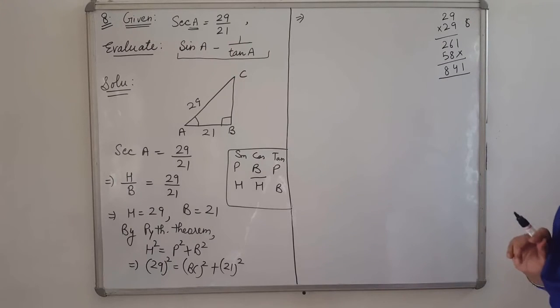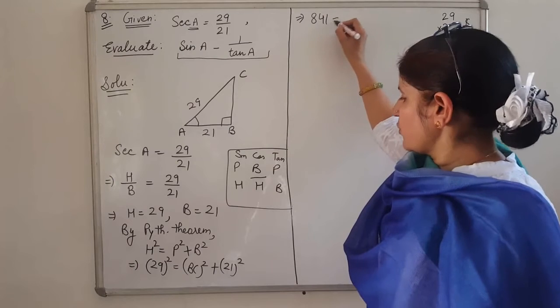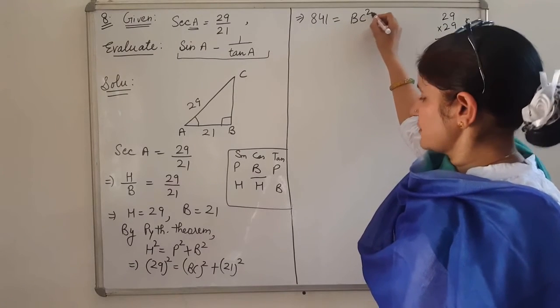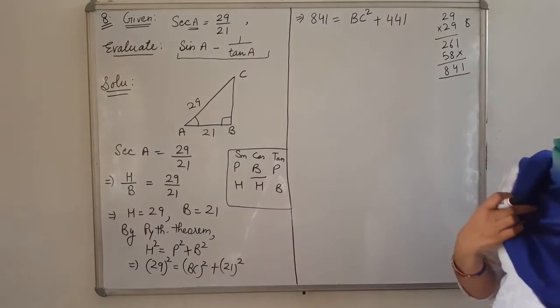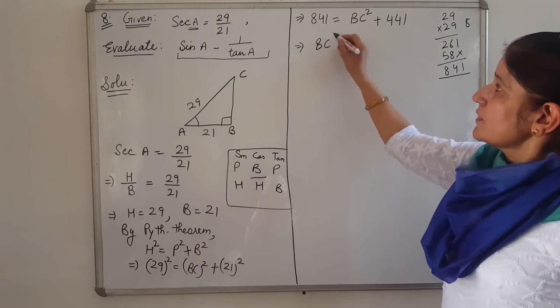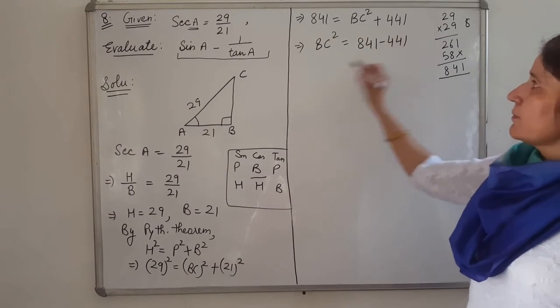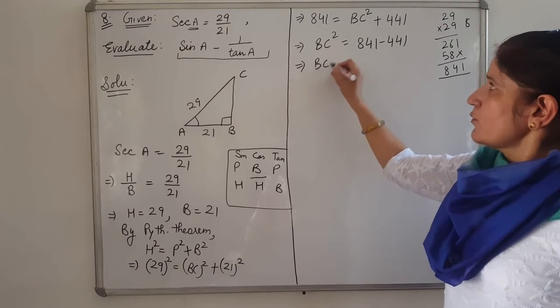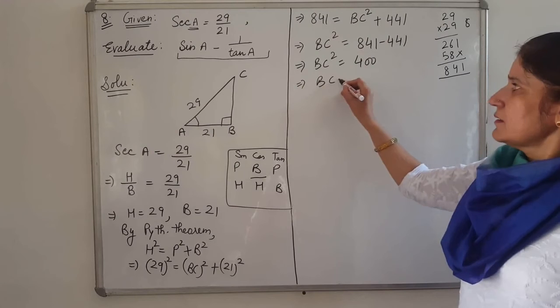Means it is 841. So 841 equals BC square plus 441. Square of 21 is 441. Now BC square is 841 minus 441. BC square equals 400.